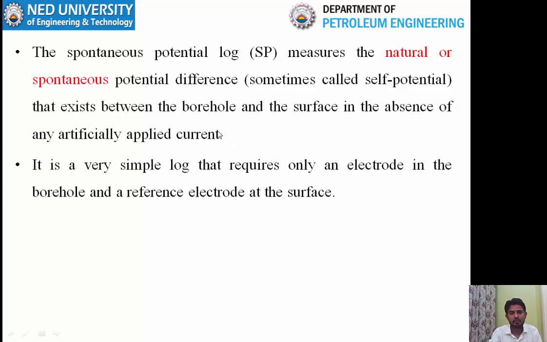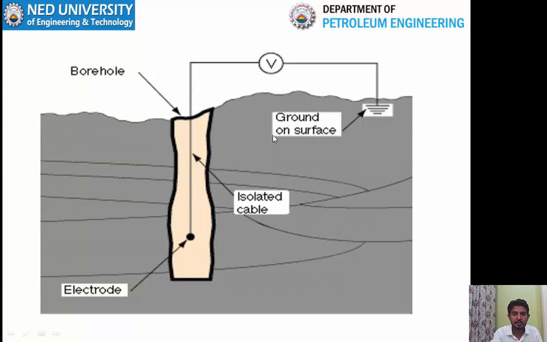And basically the tool is very simple, and it requires only an electrode in the borehole and a reference electrode at the surface. So this is the graphical representation of this SP tool. Two electrodes, one in the borehole, and the other electrode grounded at the surface, and you are measuring the voltage difference between these two electrodes.